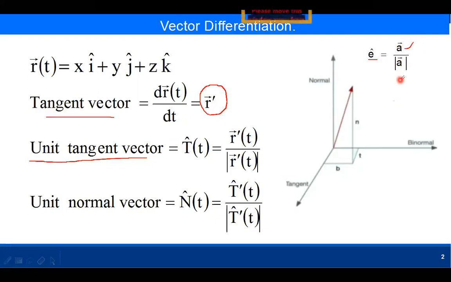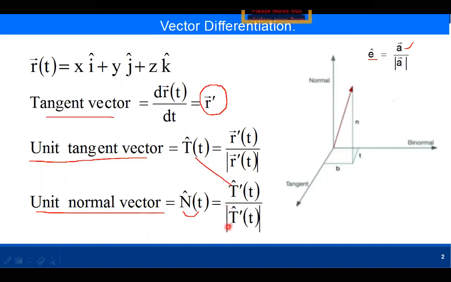Since the tangent vector is r bar dash, the unit tangent vector is given by r bar dash upon magnitude of r bar dash. So how do we find the unit normal vector, which is denoted by capital N of t? The unit normal vector is given by the derivative of the unit tangent vector upon the magnitude of the derivative of the unit tangent vector.